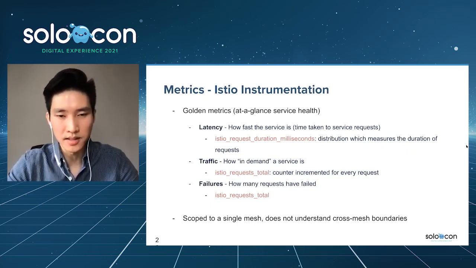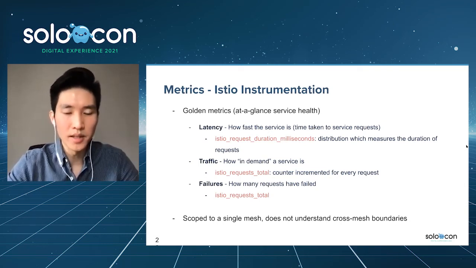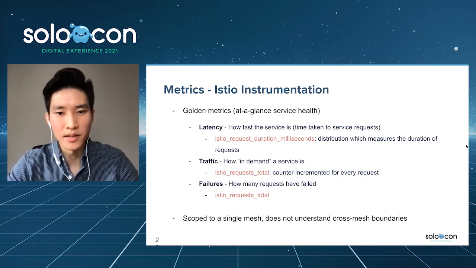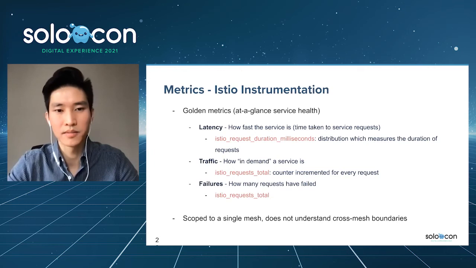So Istio gives us the Istio request total counter, which includes the response code as a label, which allows for subsequent partitioning of responses as failed or succeeded, depending on how you categorize HTTP response codes. One limitation to note is that Istio's instrumentation is constrained to a single mesh. So requests that cross mesh boundaries will not be properly attributed to the origins or targets of the other mesh.